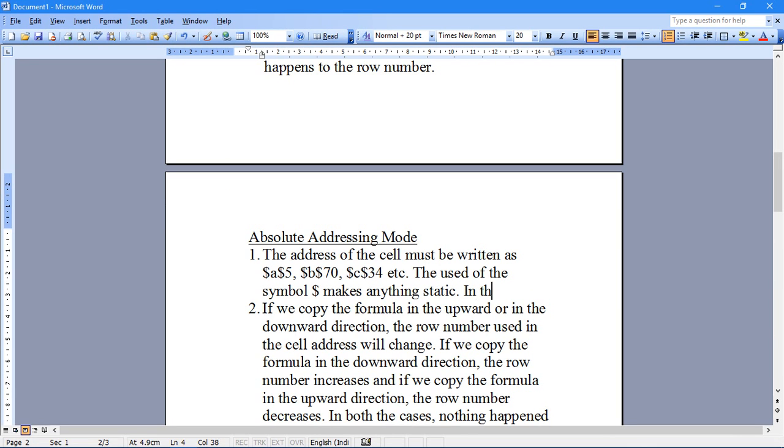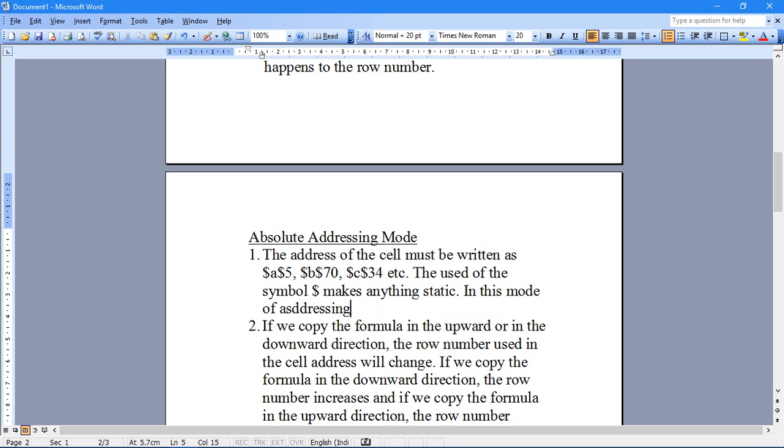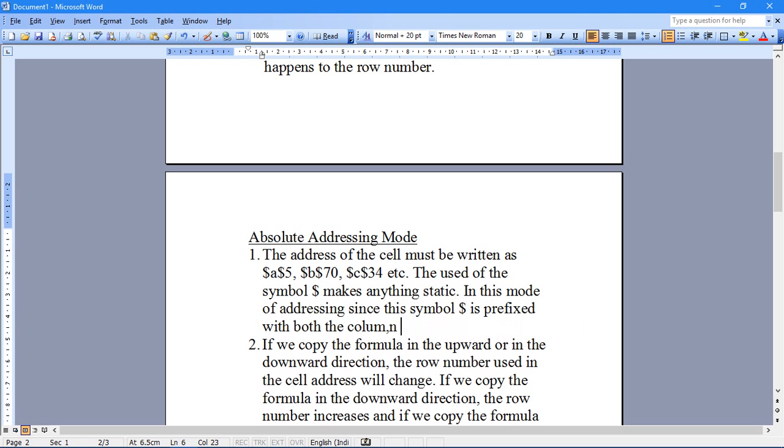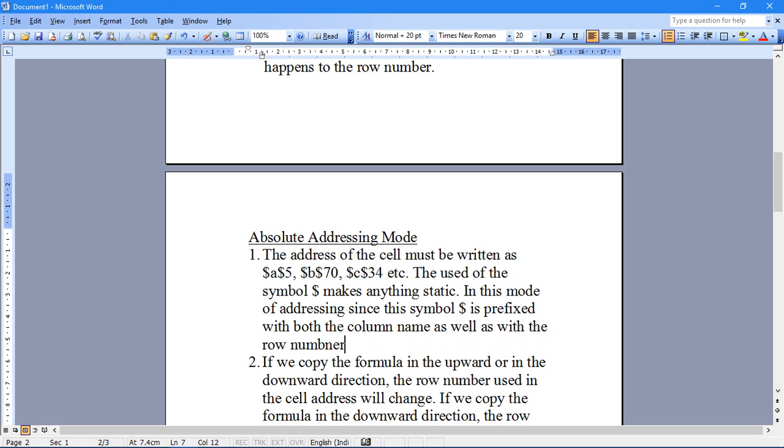In this mode of addressing, since the symbol dollar is prefixed with both the column name as well as the row number, nothing will change.